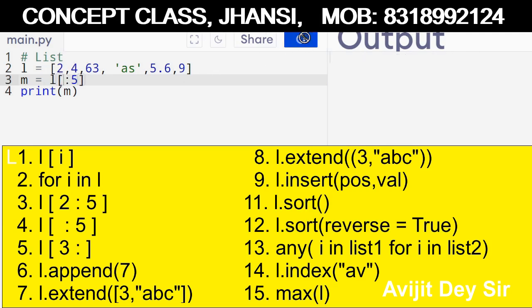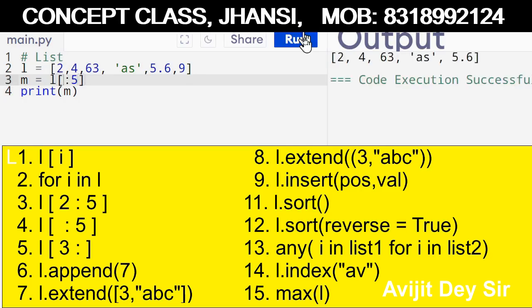So let's see. It started with 2, 4, 6, and 5.69 is not included. Similarly, if we give, say, starting from 3 but no ending index, it will start from 3 and go till the end of the list.